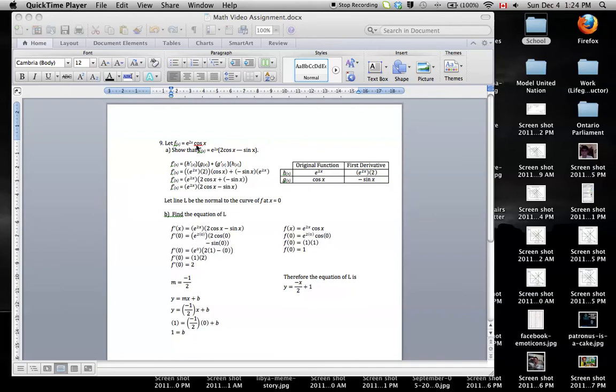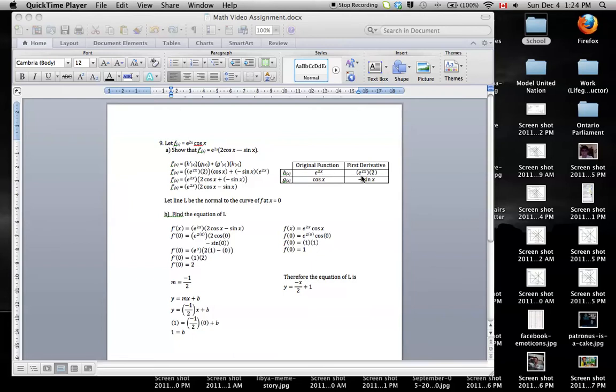I broke this function into two separate functions. First, e to the power of 2x, and then cos x. To find the derivative of e to the power of 2x, we have to realize that it is a function inside a function.